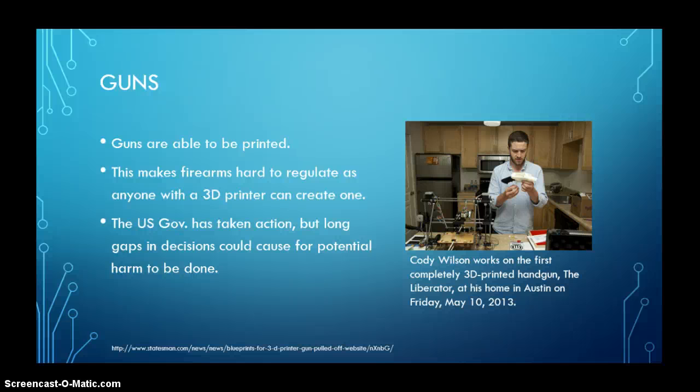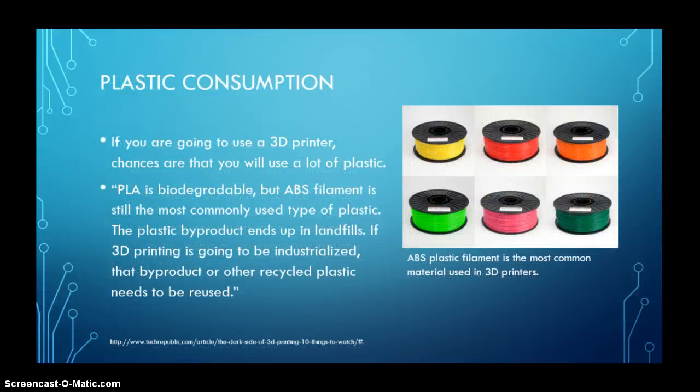So this is something the government needs to regulate in the future, to be sure that no safety issue comes of this. Something not as violent, if you will, but plastic consumption.